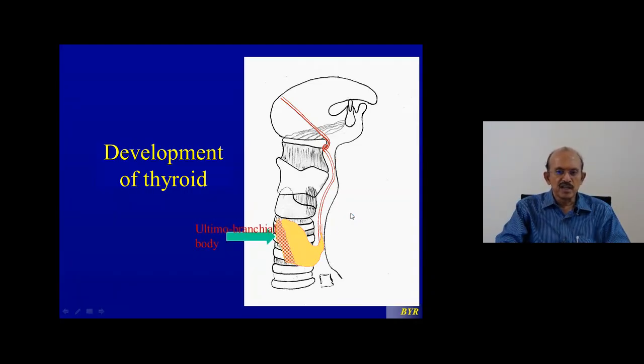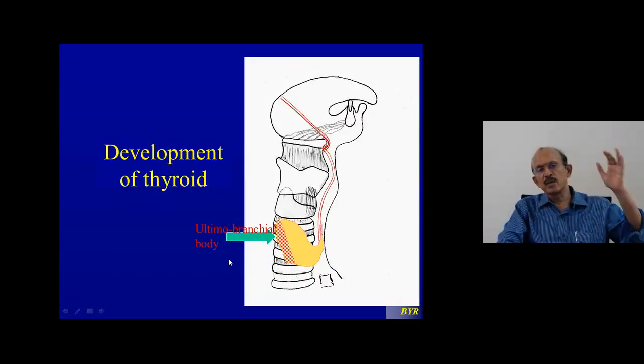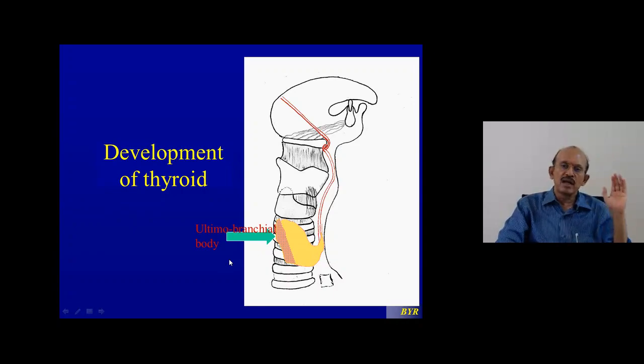From the fourth pharyngeal pouch, a projection occurs, and that is called the ultimobronchial body. This ultimobronchial body then comes and amalgamates with the thyroid gland. It actually brings parafollicular cells from the neural crest. The neural crest differentiates into many types of cells, and many of the endocrine glands are developed from neural crest derivatives.